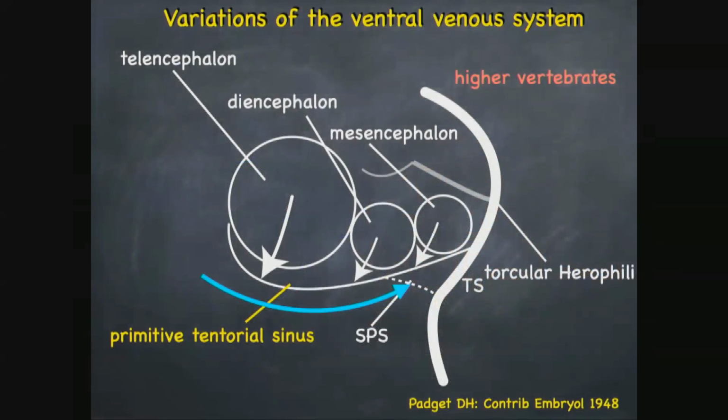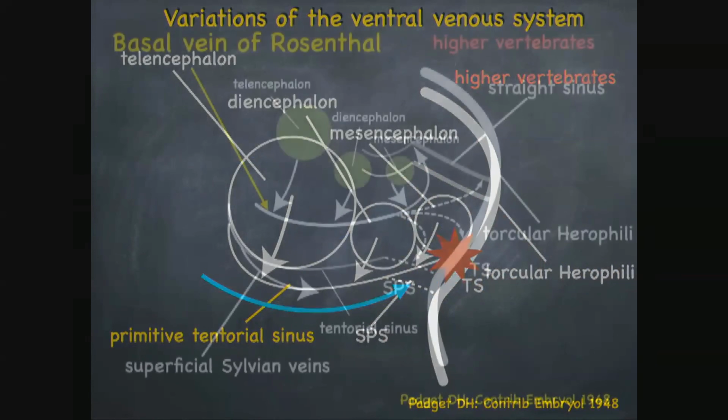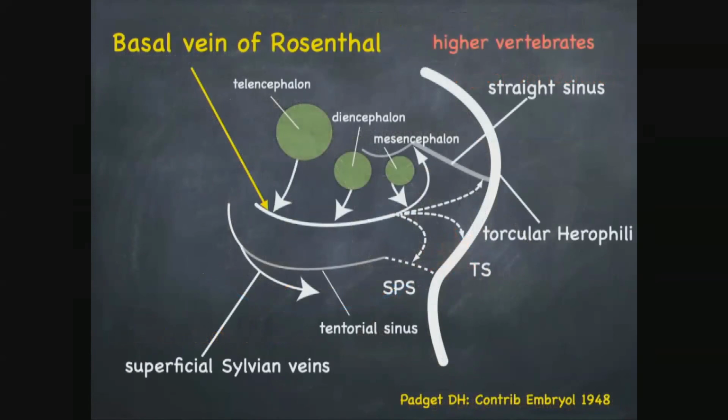As for the ventral venous system, in the higher vertebrates the primitive tentorial sinus drains distally to the tentorial sinus, but it's occluded because of the enlarging hemispheres. Then instead of these superficial veins, the basal vein and the ventral system develop. The basal vein of Rosenthal collects the venous flow of the telencephalon, diencephalon, and mesencephalon.